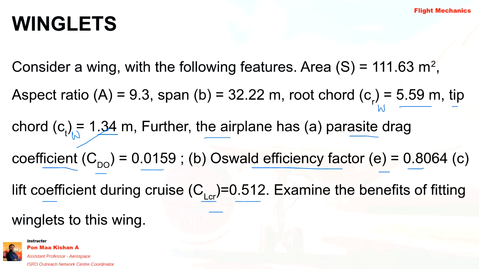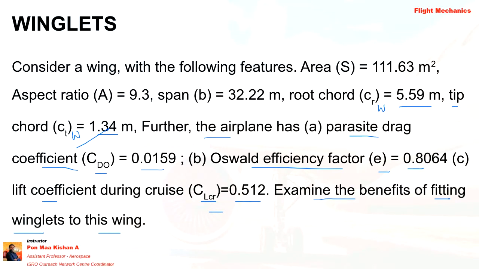So examine the benefits of adding winglets to this wing. They have given the configuration of the wing: an area, span, aspect ratio, root chord and tip chord. The parasite drag of the wing is given, the Oswald efficiency is given, and the lift coefficient is also given. So now what we have to do is place a winglet on this particular configuration.